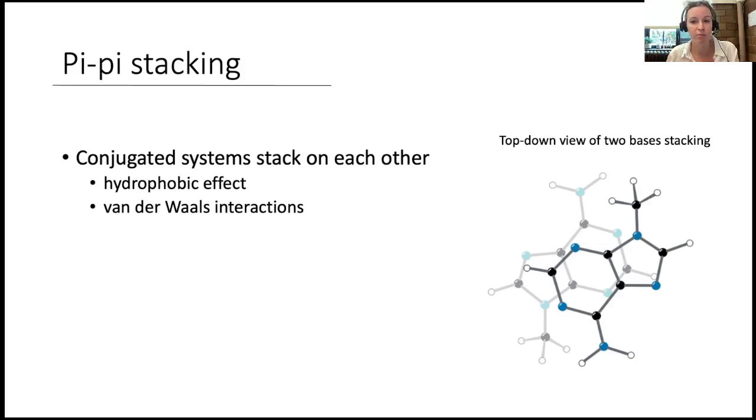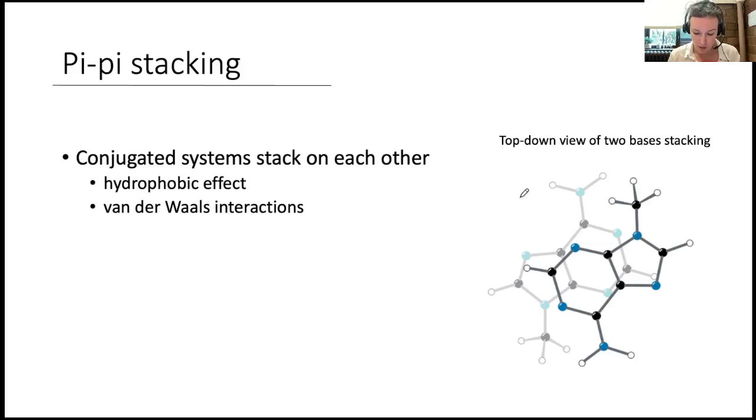Next up, in terms of importance for DNA stability, is pi-pi stacking. Pi-pi stacking occurs when conjugated systems sit on top of each other. On the right-hand side of the slide, I'm showing you a top-down view of one base stacking with a base below it.